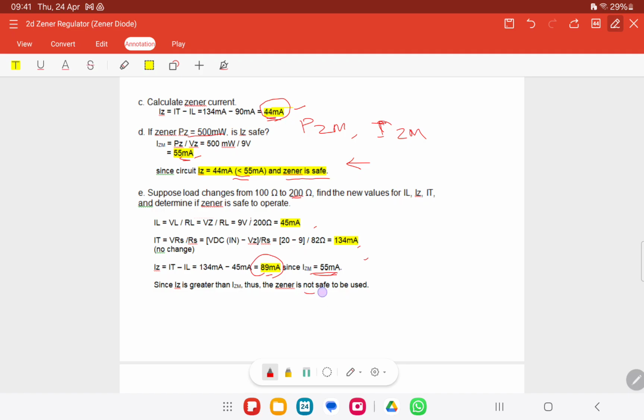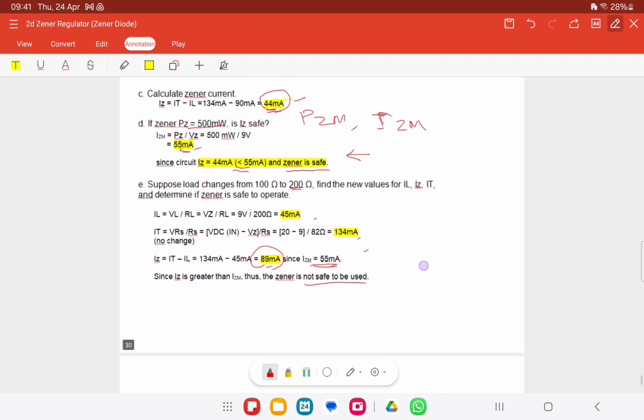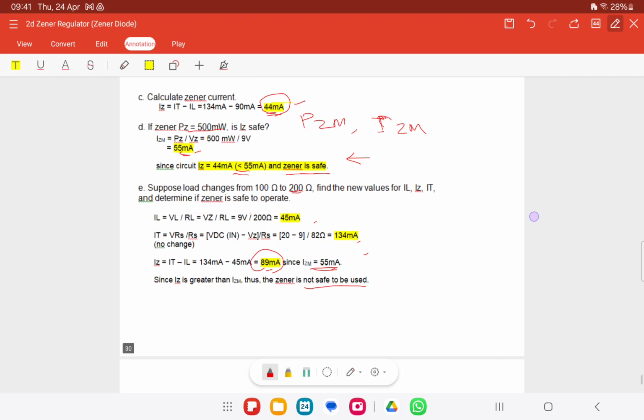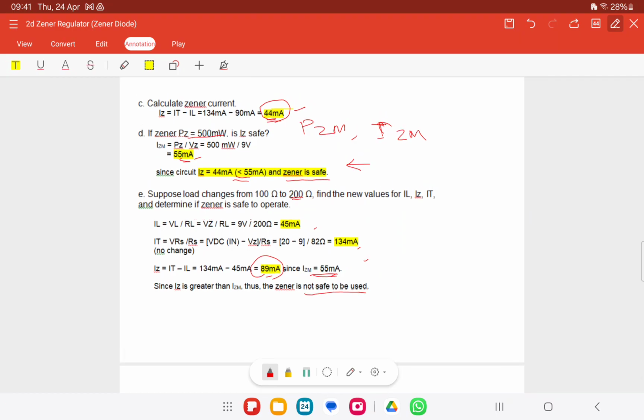So you can conclude the Zener is not safe to be used ataupun not safe to be operate. Okay, the current is not allowed to flow. Okay, the Zener might be damaged. So apa-apa je lah, on the conclusions. Okay, so this is types of question yang boleh tanya lah. Alright, so this one is the first condition, the first case, fits for both.